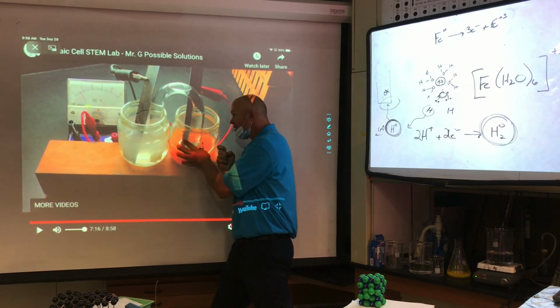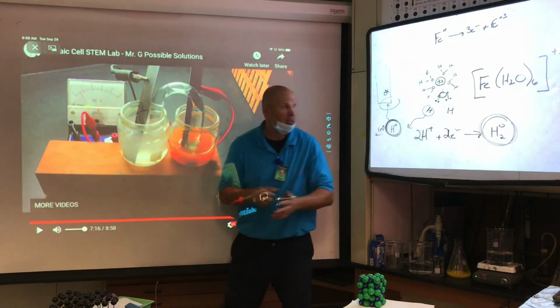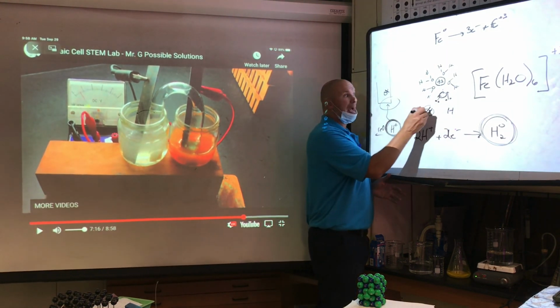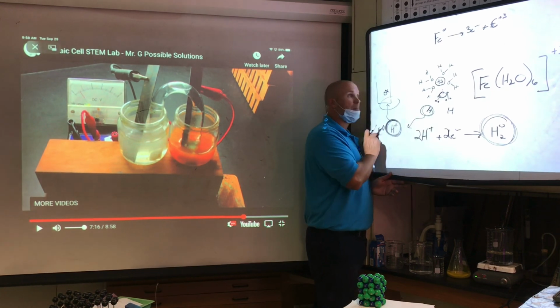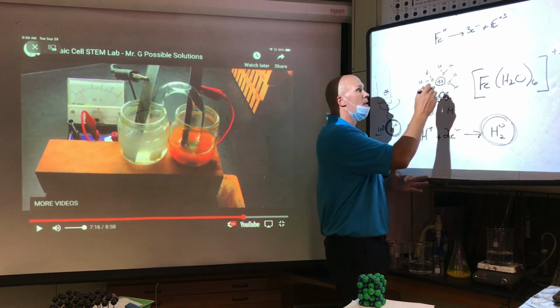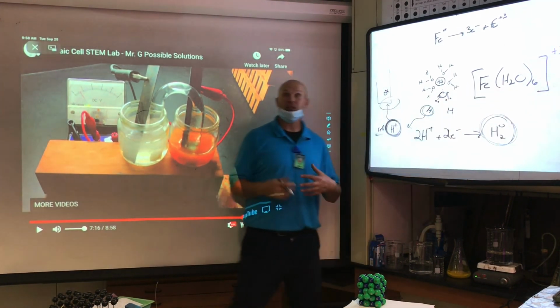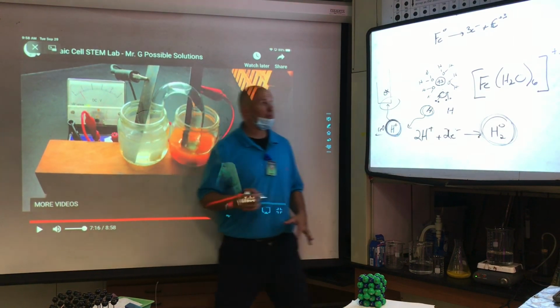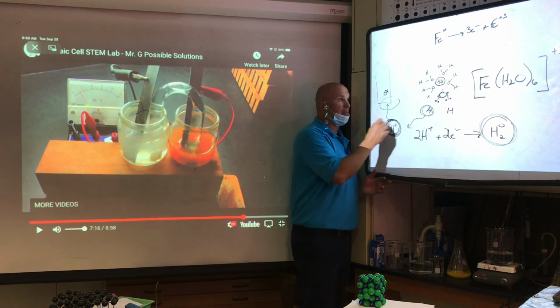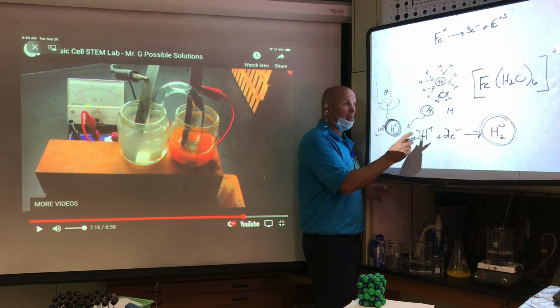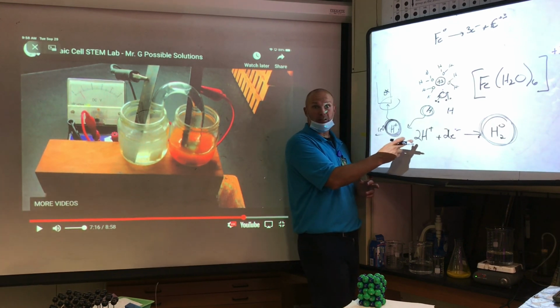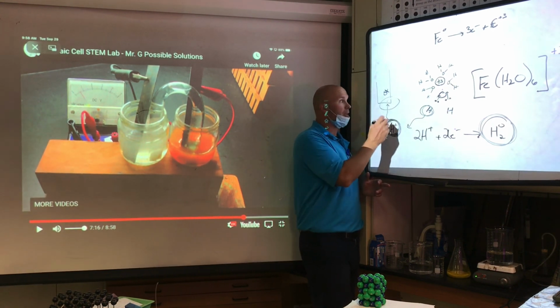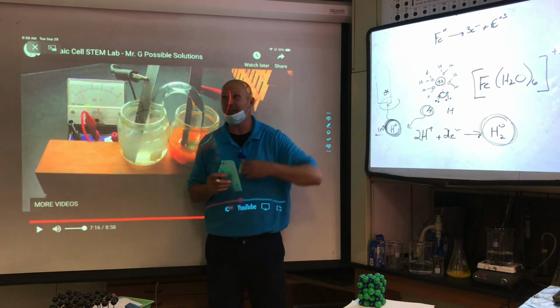So the reason why this solution didn't work the way you thought is because of the acid that was produced, the H plus that was produced, because this ion actually is very acidic. You are adding H pluses in solution. This, if you look at your standard reduction table, is a pretty strong oxidizing agent. With most metals, it'll pull electrons away to make hydrogen gas.